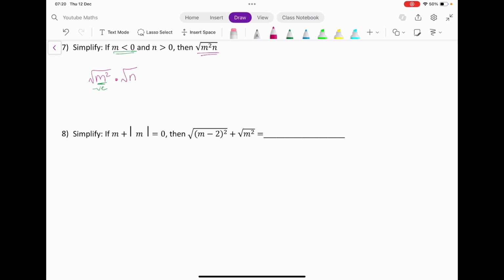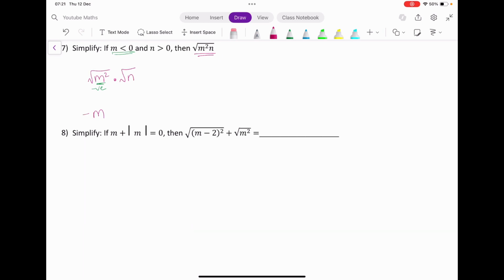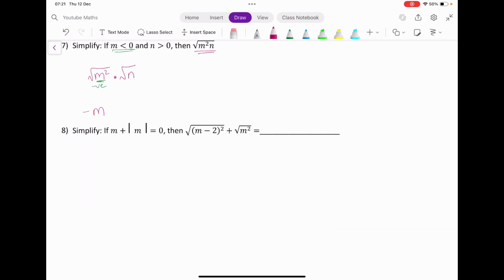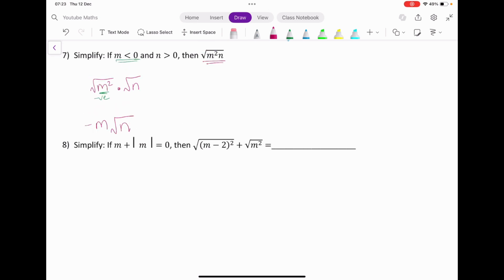So when you square it, in order to make it positive, you have to minus m. And n is greater than 0, which means it's going to be a real number, but as it's not a square number, it has to stay in its surd. So the answer to 7 is just minus m root n.